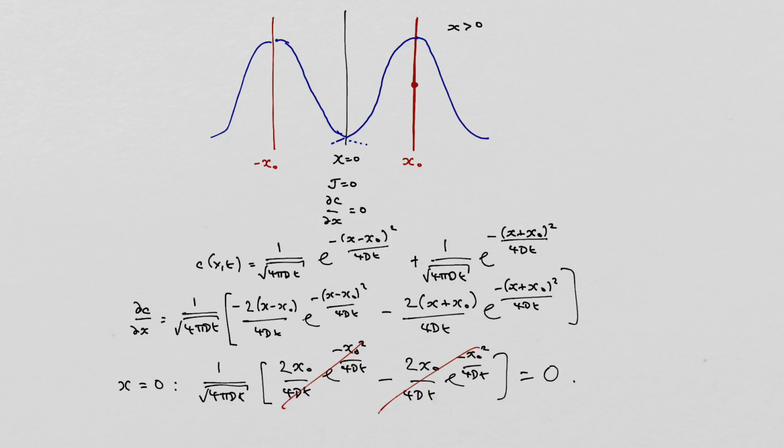But remember that we're only interested in using this as a solution for x greater than 0. Now, if there's a delta function out here, then when x is greater than 0, delta of x plus x0 is never going to be anything other than 0.